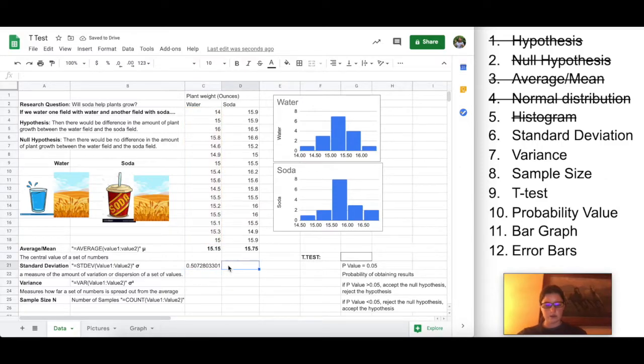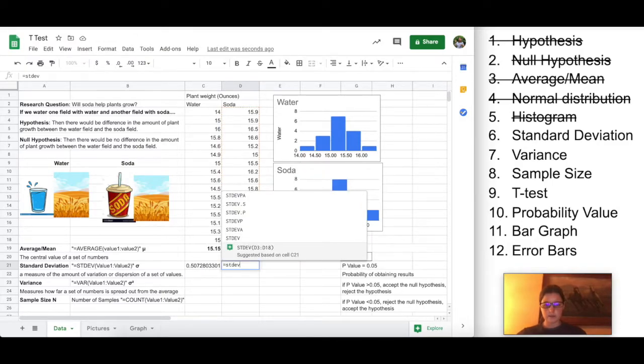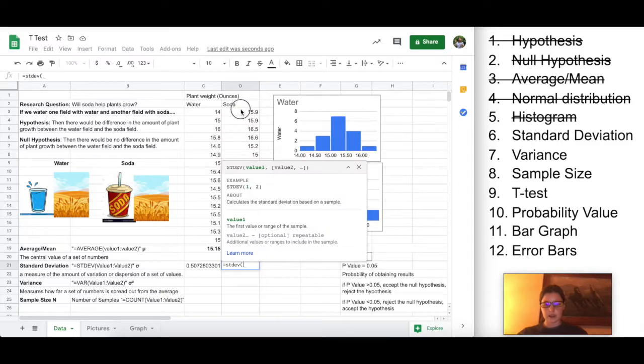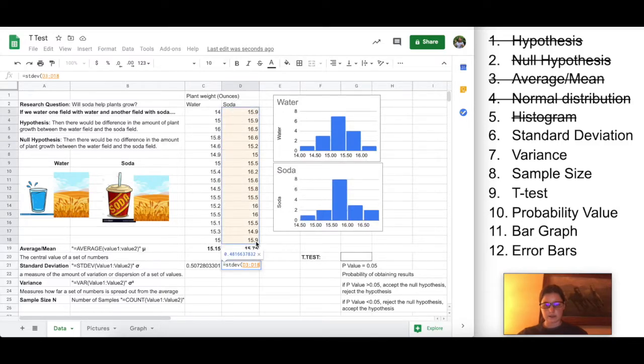And then we'll also want to do that over here, equals STDEV, parentheses, highlight the values that you want to find the standard deviation for, and hit enter. Make sure that you have the parentheses and the equal sign and everything that you need correct, because Google Sheets can be a little bit finicky.